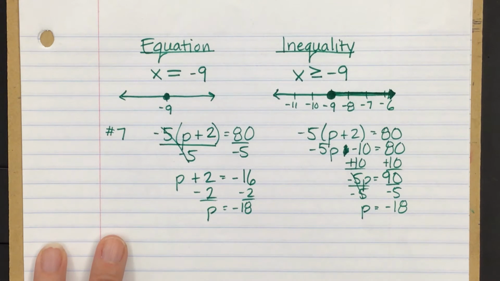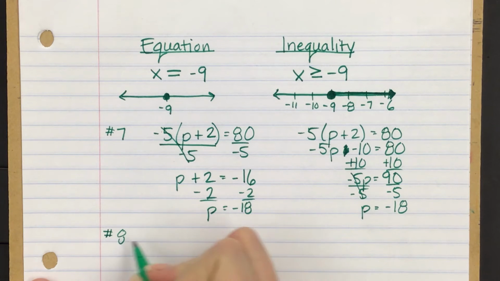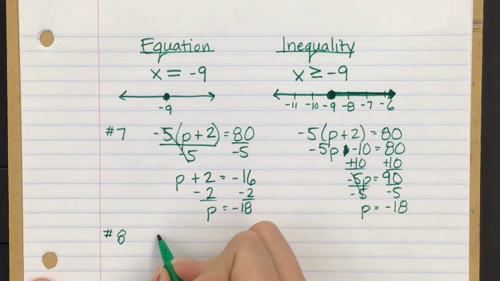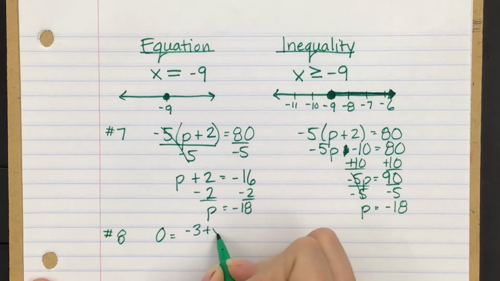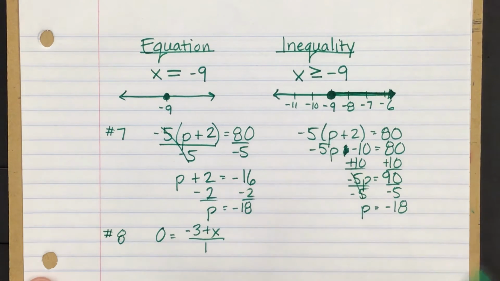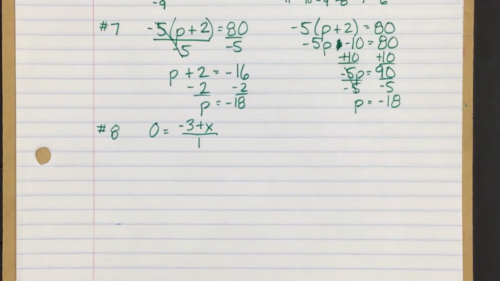Number 8. Yes, that was the other one that Derwin had. Okay, so let's take a look at number 8. You guys are going to be surprised at this one. It looks crazy, but let me just tell you it's not. Does the denominator of 1 matter?